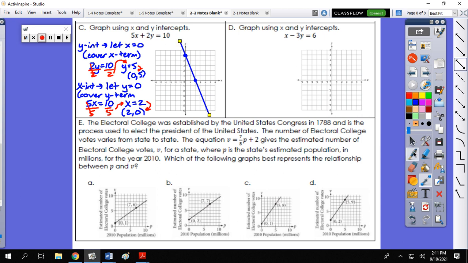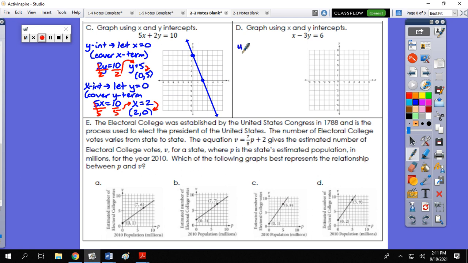So again, on the next one here, for the y-intercept, we're going to let x equal 0, which means negative 3y equals 6. So y is negative 2, and the point 0, negative 2 is the y-intercept. Graph it.